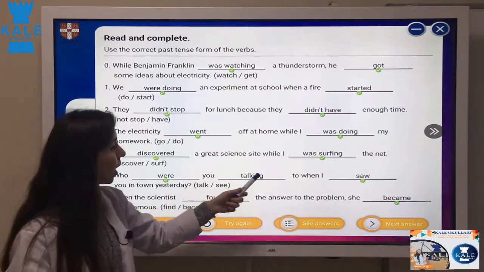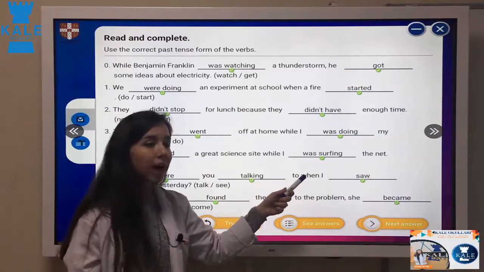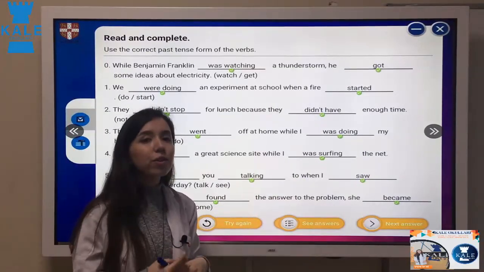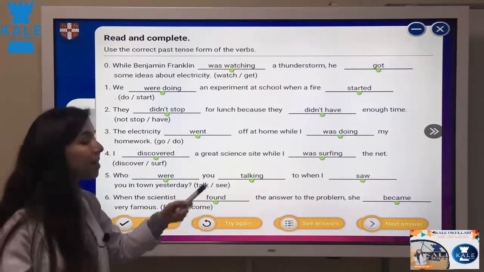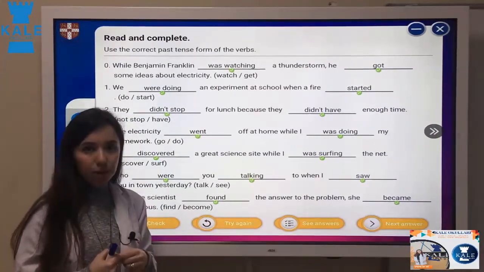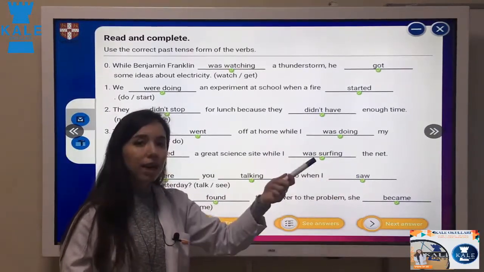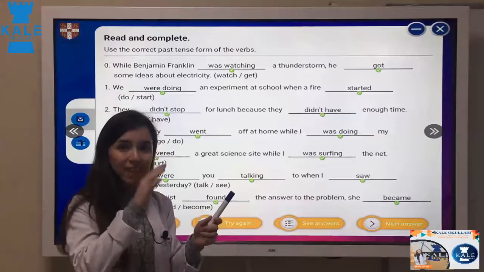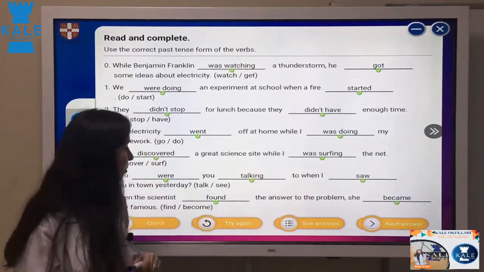Who were you talking to when I saw you in town yesterday? Here we have when. So, after when, what is coming? Past simple. What is our verb? See. See is an irregular verb, yes? Because of that, see changed to saw, yes? We cannot use seed. Ed is not coming, yes? It changed the form. So, here we use past simple.